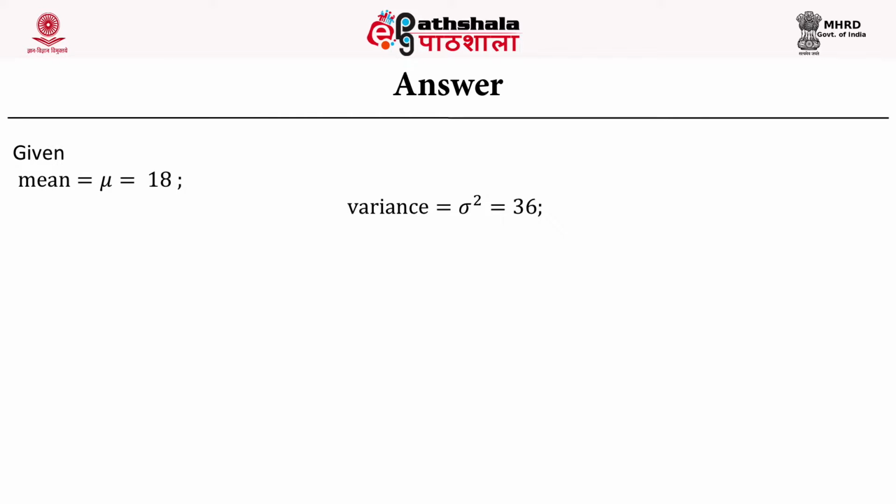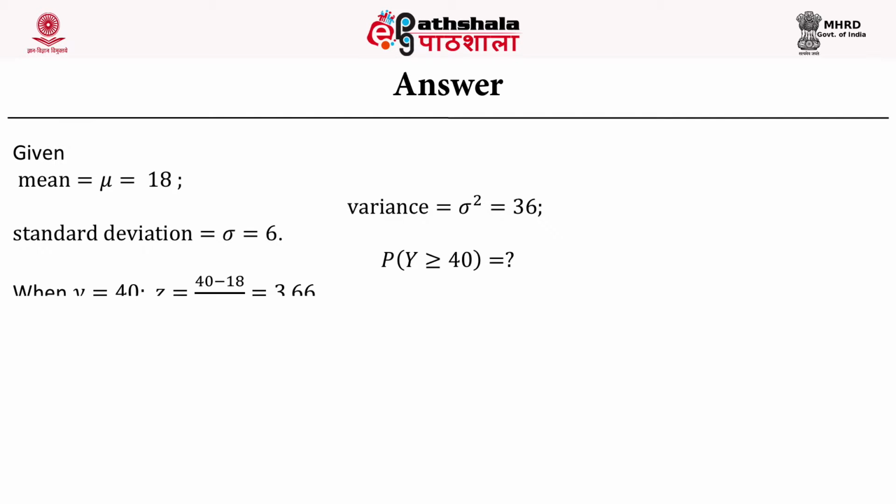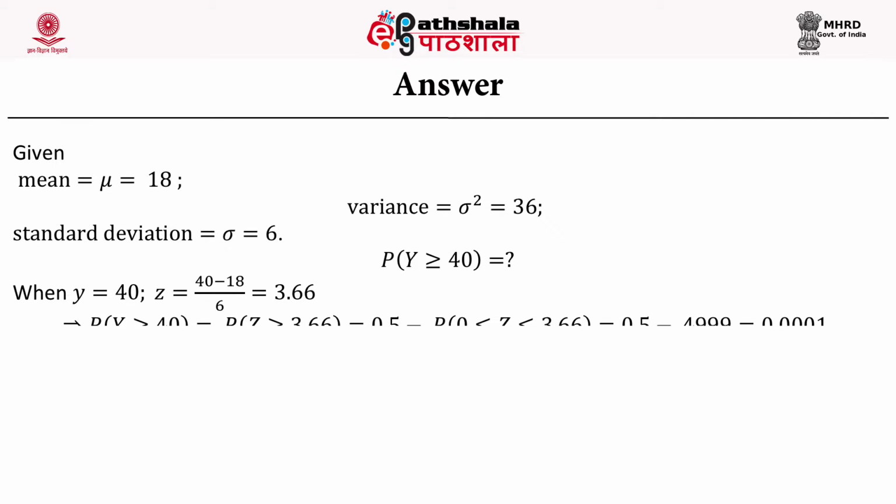So y here is 40, and z is equal to (40 minus 18) upon 6, which is 3.66. That means if y follows a normal distribution, then the standard normal variable z follows the distribution with parameters 0 and 1.